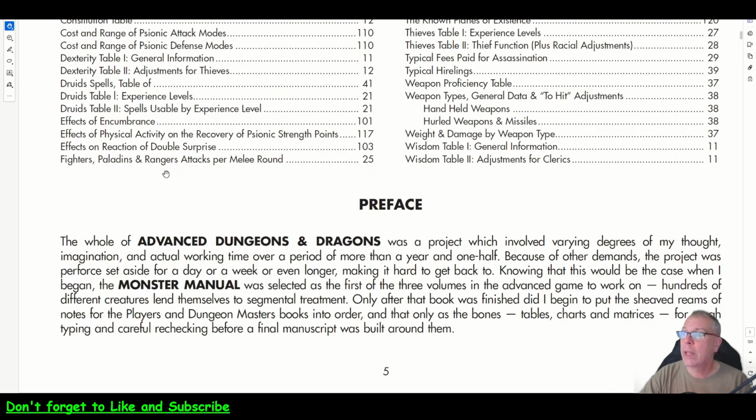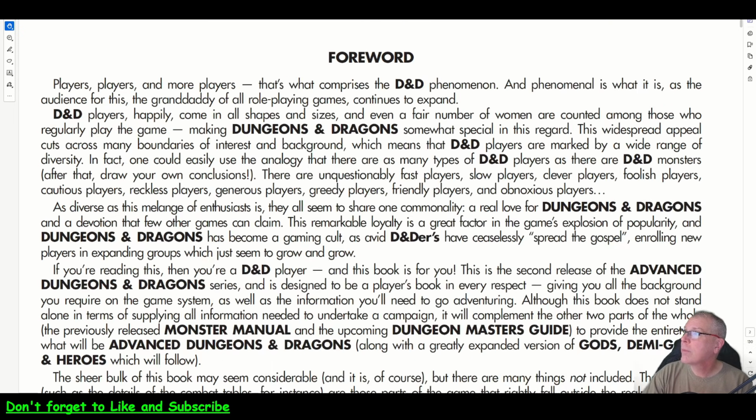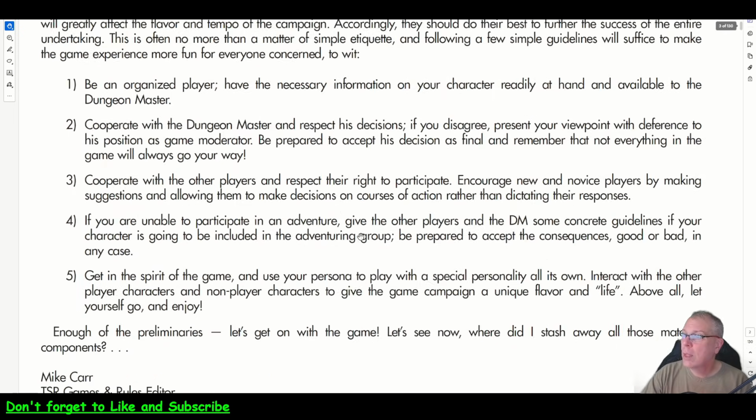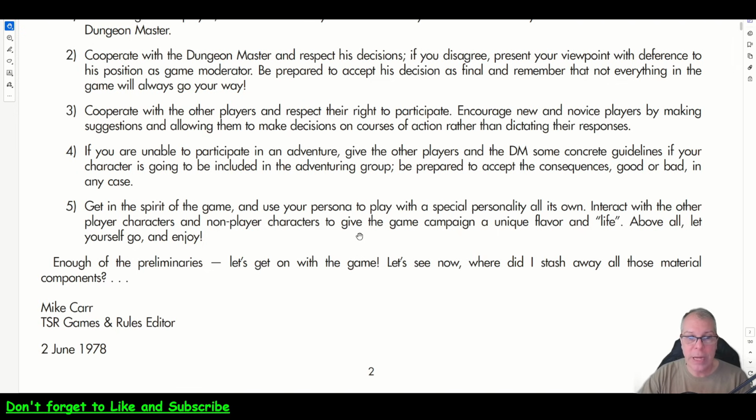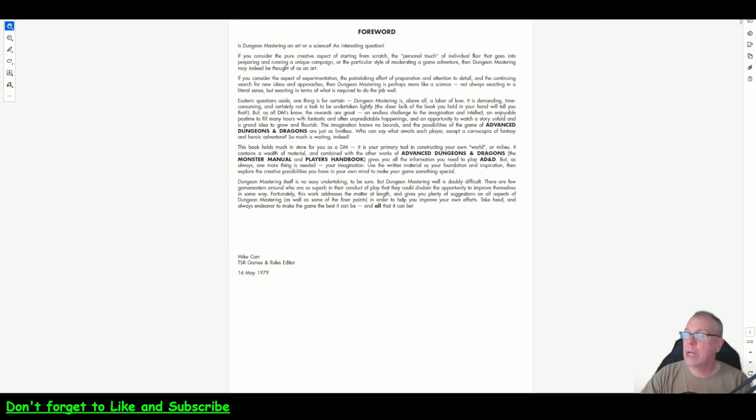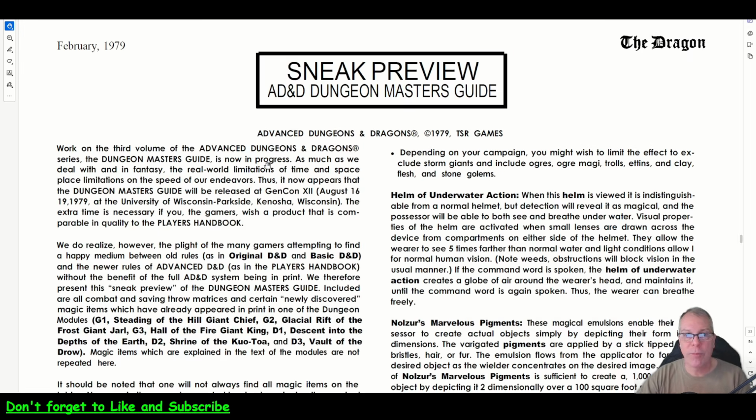However, the Player's Handbook, which was written in June of 1978, did come out for Gen Con because it came out that summer along with G1, 2, and 3 and D1, 2, and 3. But the Dungeon Master's Guide also came out. So they're trying to get products out for the fans at the penultimate convention, which is Gen Con.